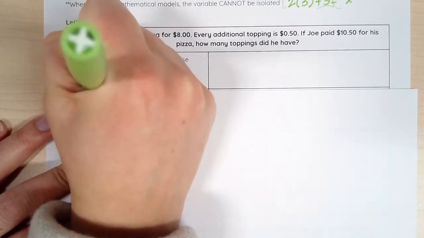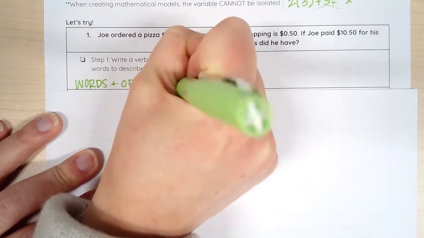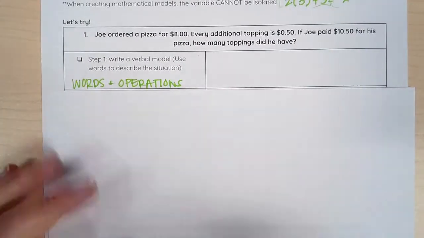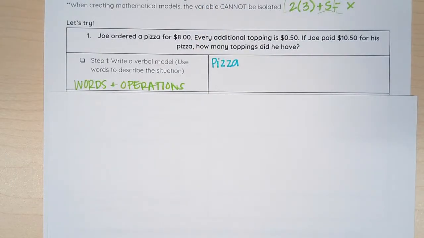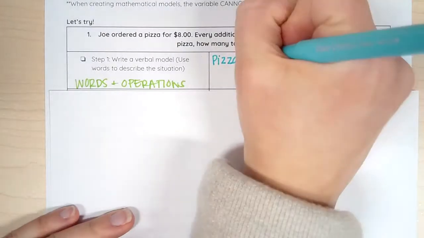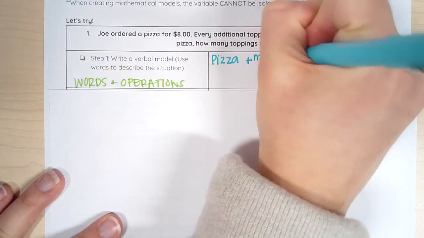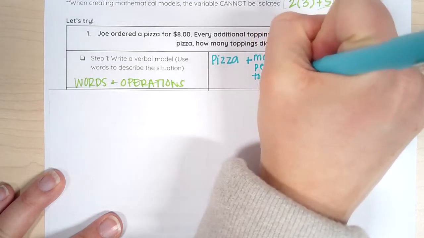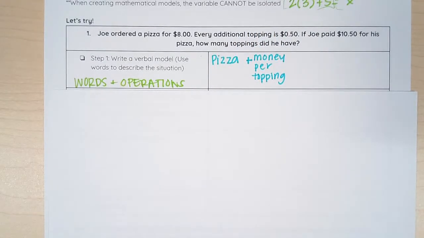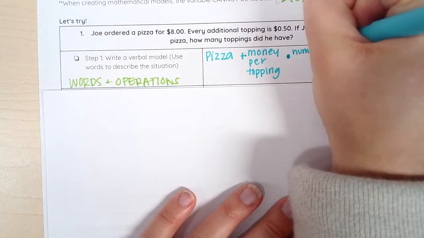Words and operations. Okay, so the pizza itself costs a price, and we add that to the money per topping that then gets multiplied to the number of toppings.